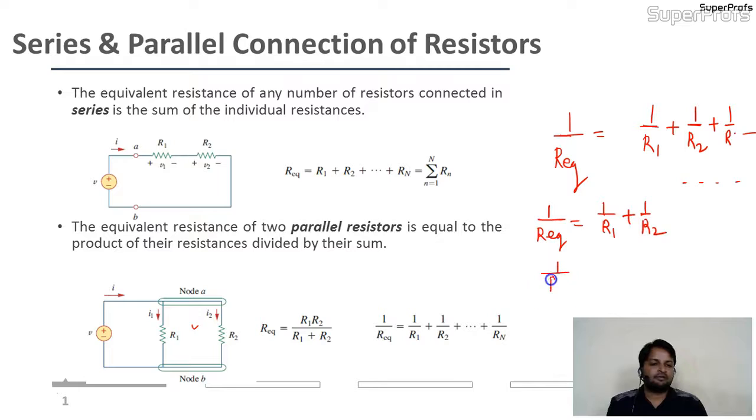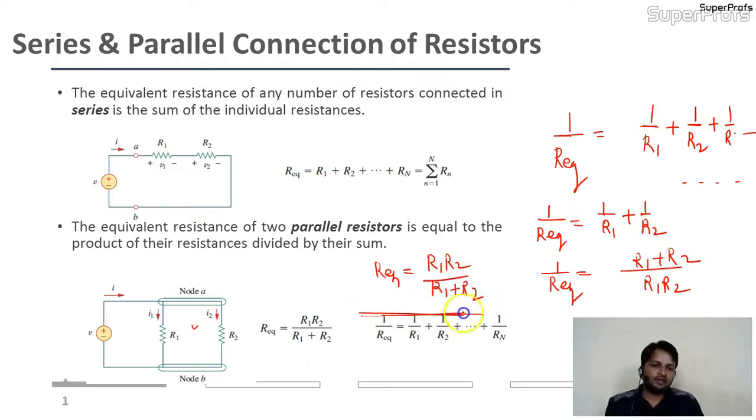So if you solve this, take the LCM: 1 by R equivalent equals (R1 plus R2) by R1 R2. Now take the inverse, and your R equivalent will be R1 R2 upon R1 plus R2. So for two elements connected in parallel, we directly use this formula, R1 R2 upon R1 plus R2.